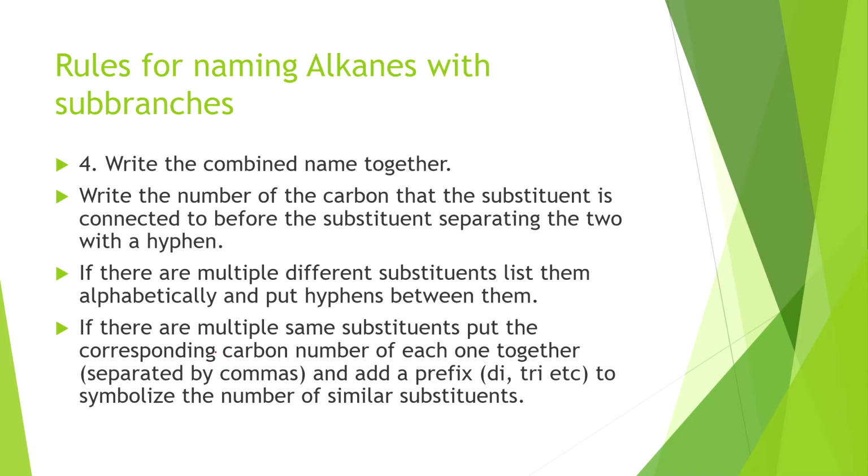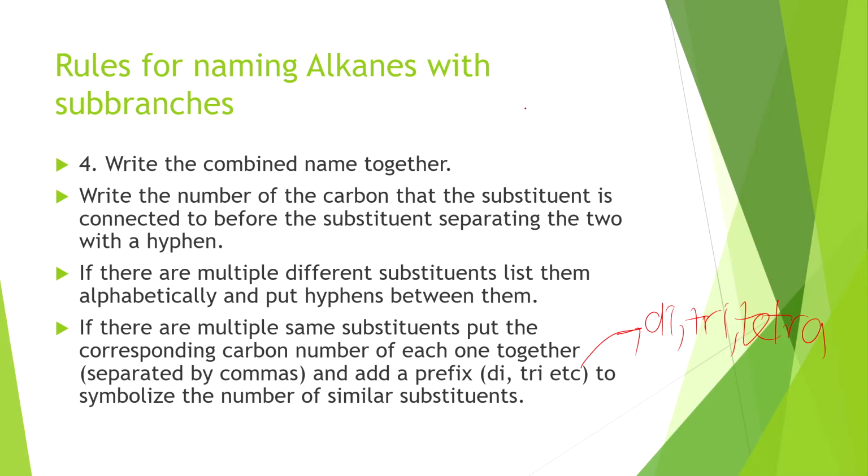And let's just go over the last rule really quickly. It says, if there are multiple of the same substituents, put the corresponding carbon number of each one together, separated by commas, and add a prefix, di, tri, etc. to symbolize the number of similar substituents. It is important to note here that this di, tri, tetra, etc. does not contribute to the alphabetical ordering of the substituents.